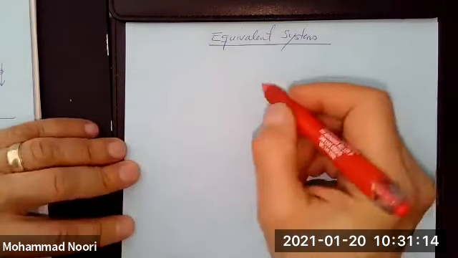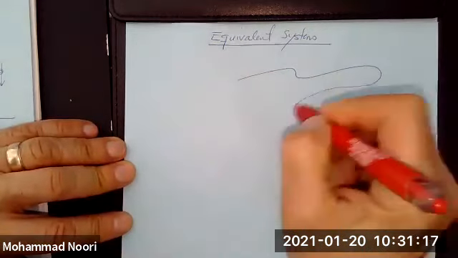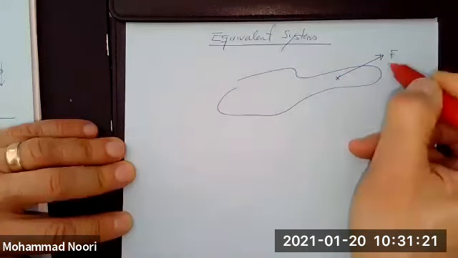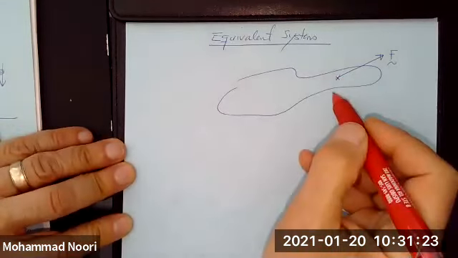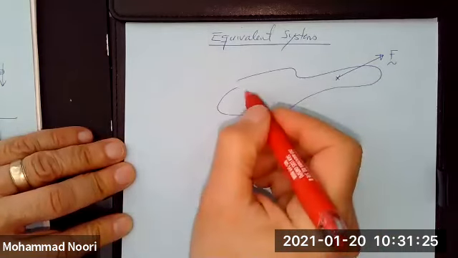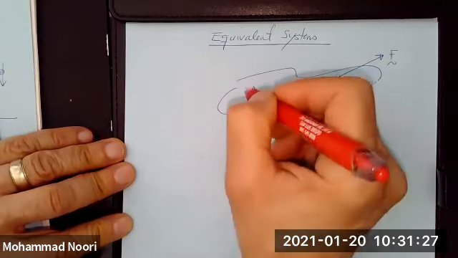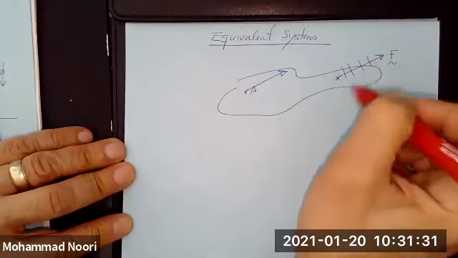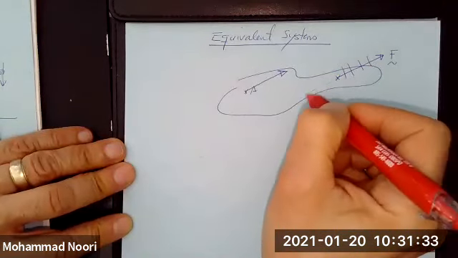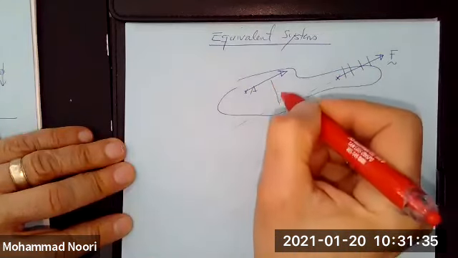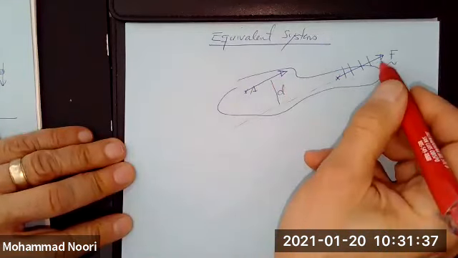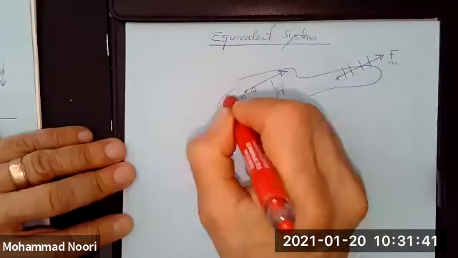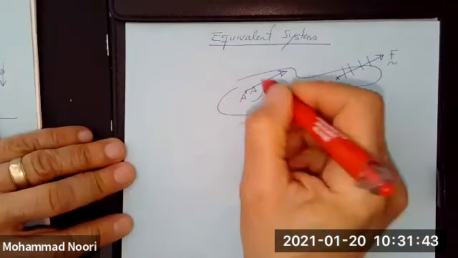You remember last time I said that if you have a force acting at any point on an object, you can simply move this force to any arbitrary point you want, okay? And in order to do that, you just have to add the moment that this force generates about this new point and put that there also.